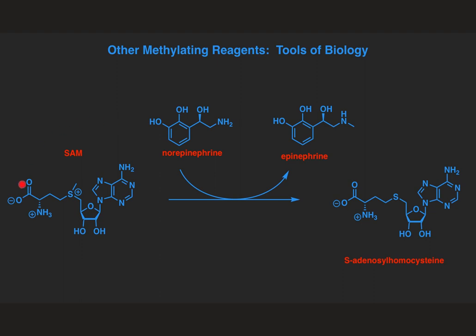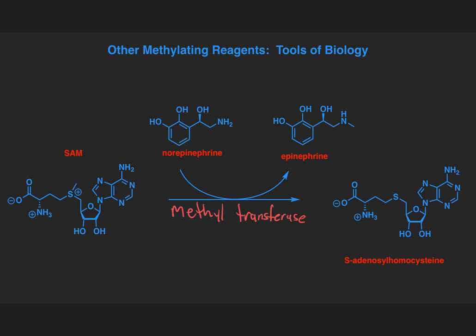Once SAM or S-adenosyl methionine is generated, another enzyme, a methyltransferase, can take SAM and use it to methylate a variety of substrates. And in this case, we're looking at the methylation of norepinephrine to produce epinephrine.